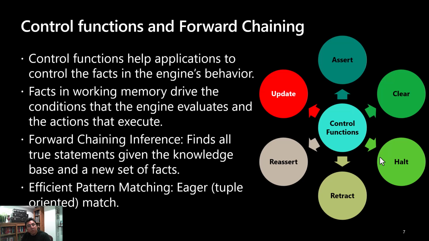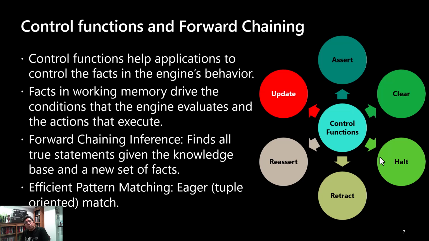Facts in working memory drive the conditions that the engine evaluates and the actions that it executes. Let's take the example of forward chaining inference, where it finds all the true statements given the knowledge base and a new set of facts. So let's say that you have applied a rule. Once this rule has been applied upon a specific fact, there is another rule that acts upon the result of the previous rule.